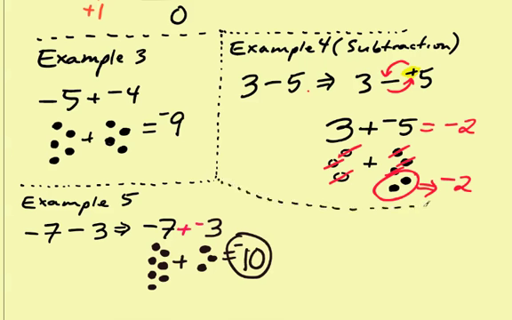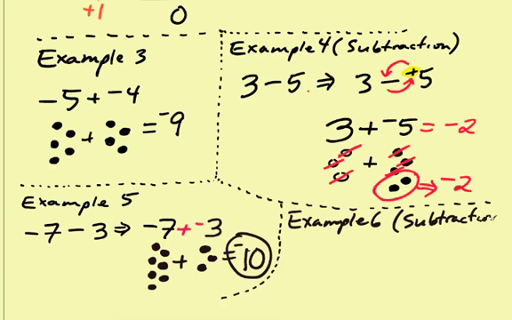So looks like we're moving along rather well. There are a couple more situations that, or at least I need to explain. So we'll go ahead and do that. The next one I'll call example 6. It's also a subtraction problem.